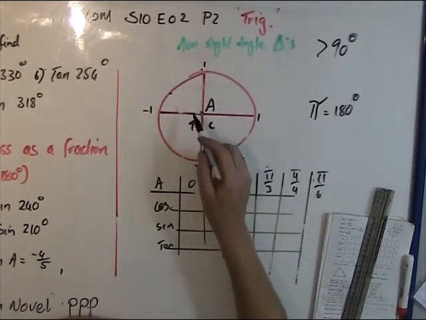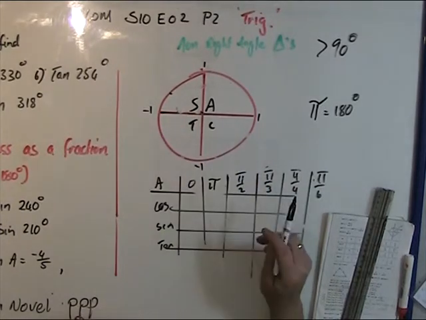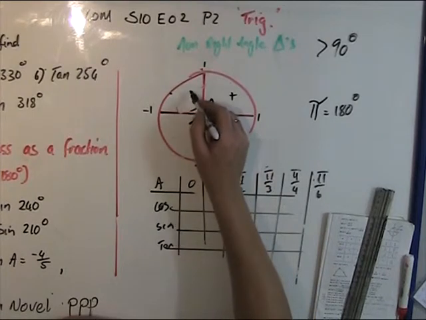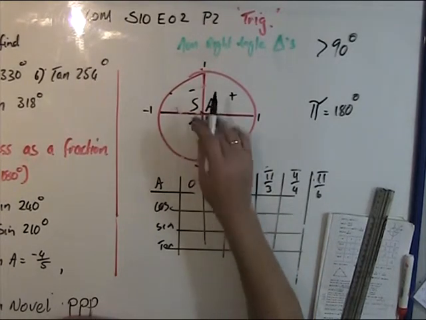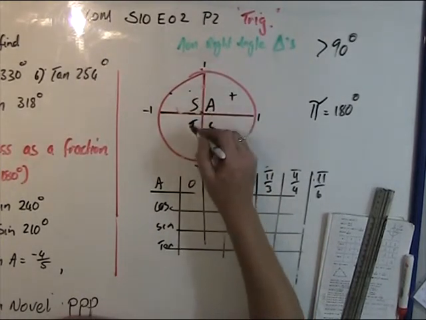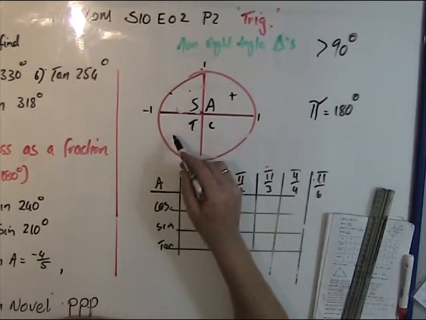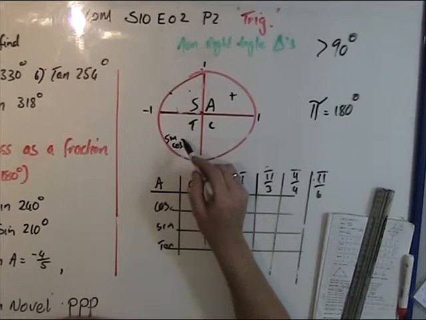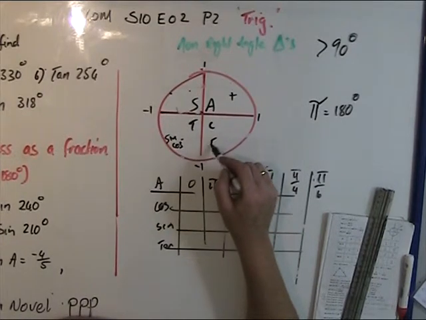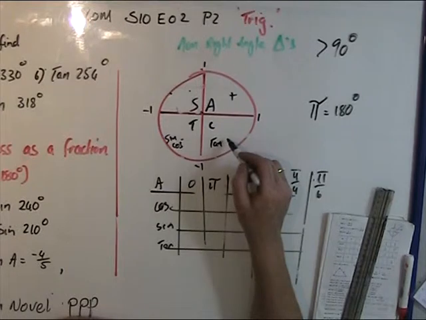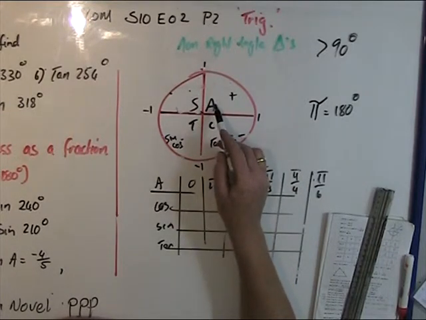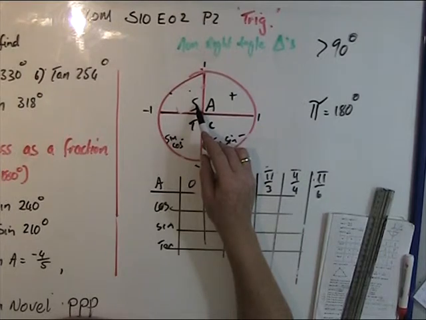Now, what does that mean? They're all positive here. In the second quadrant, sine is the only one that's positive. Tan is positive in the third quadrant, and cos is positive in the fourth quadrant.